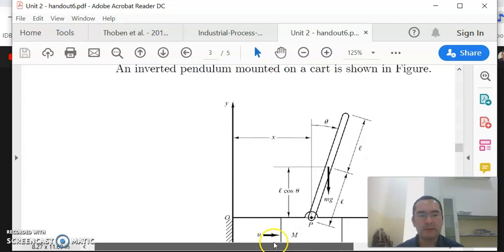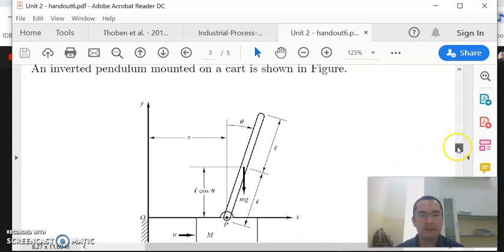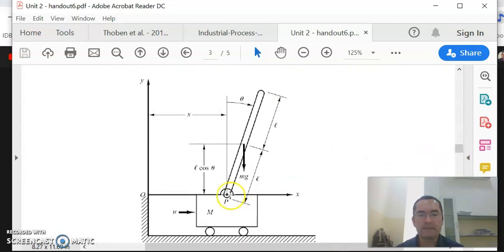around this point here, P. Okay, so when you apply force U, this U is the force applied to this cart.